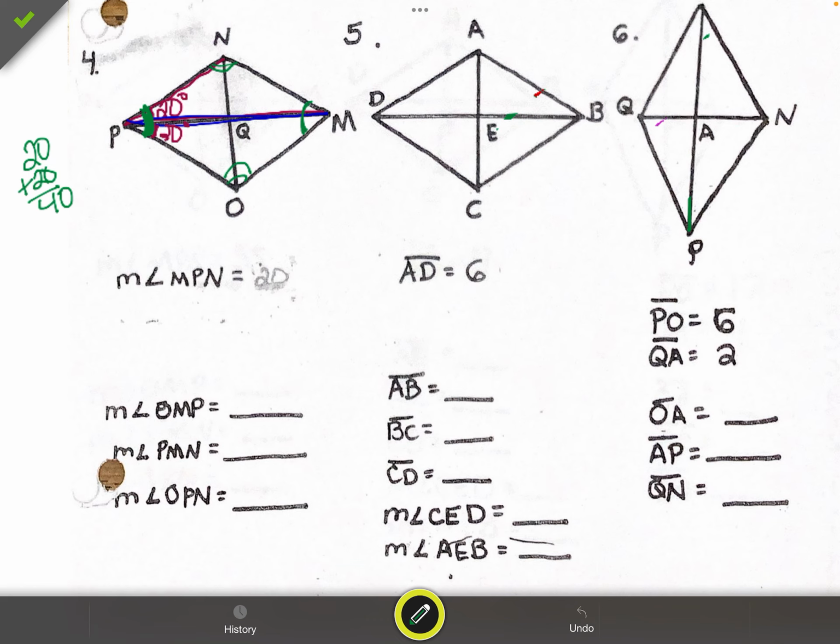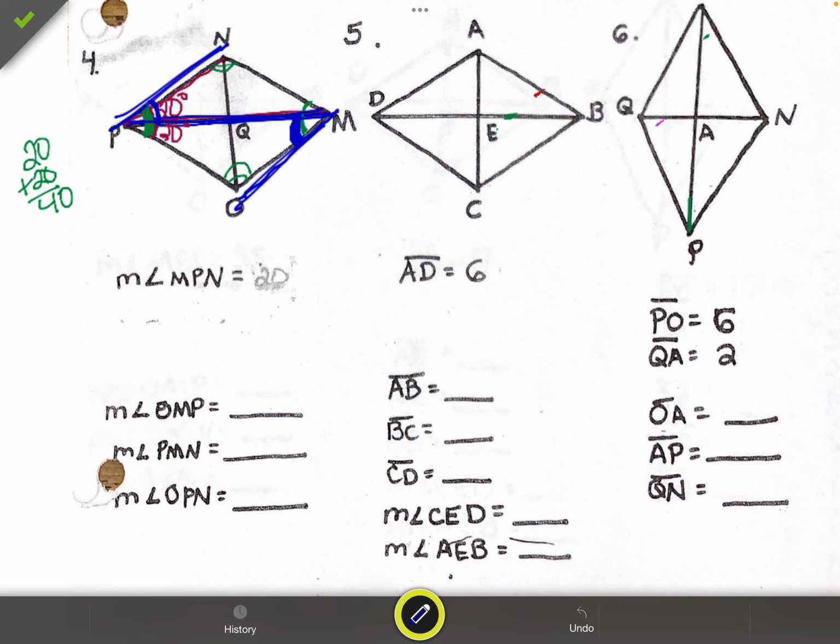All right, so they went OMP. So I'm going to trace, see what I'm looking for. So O to M to P. All right, it's just this little piece here. Okay, there's a couple ways you can get here, but here's the fastest. Remember, it's a parallelogram. So that means this side is parallel to this side. If I'm looking for this angle, I can use this angle because this would be my transversal.